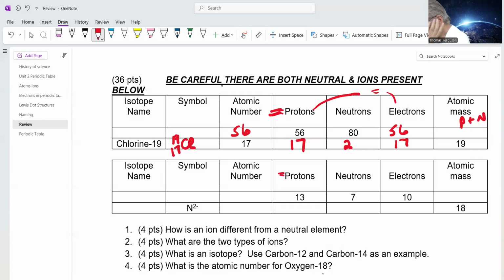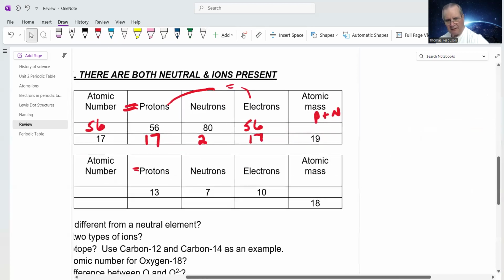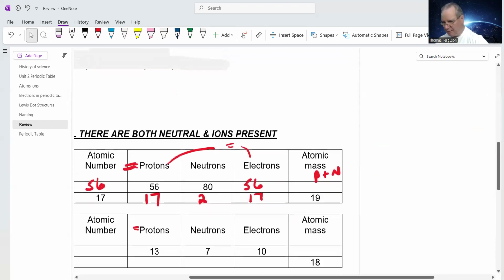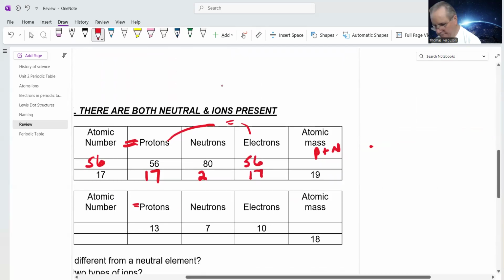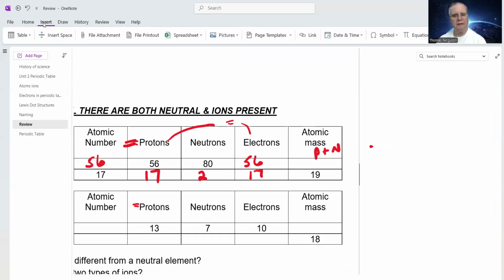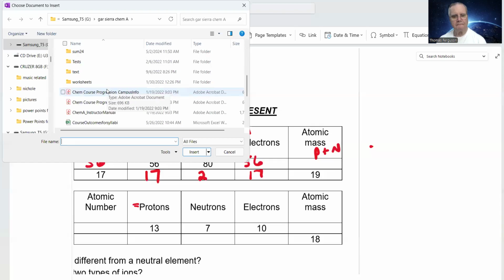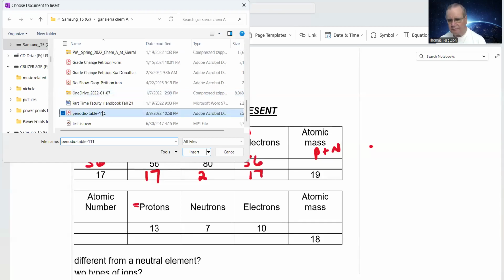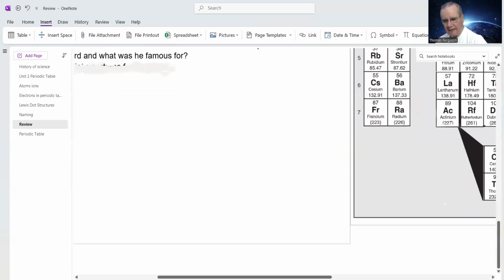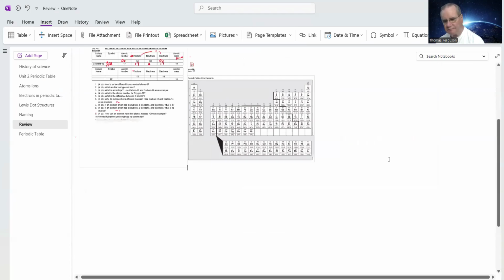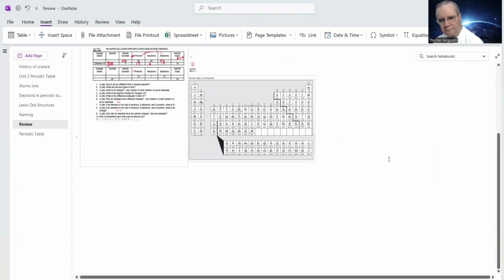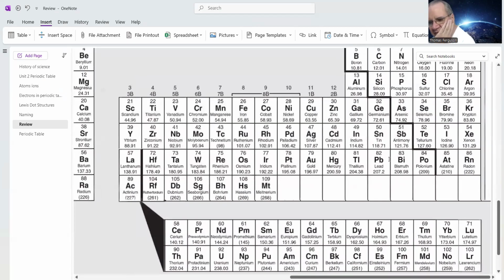The symbol is going to be, if we look at 56 in terms of atomic number, we need a periodic table here. Okay, so element 56 is what?